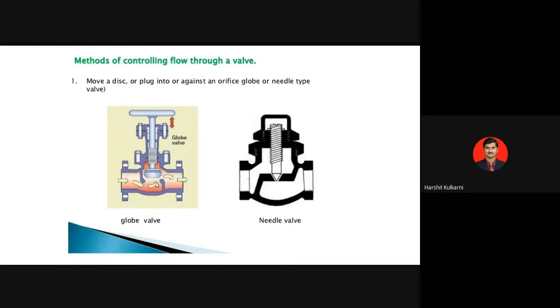So it will lock it. This kind of arrangement we call a globe valve, or orifice globe valve, as it is popularly named. Instead of that, if you have a screw or a needle type of arrangement which will be seated onto this V seating and lock the movement of the oil from one end to the other end, we call it a needle valve.